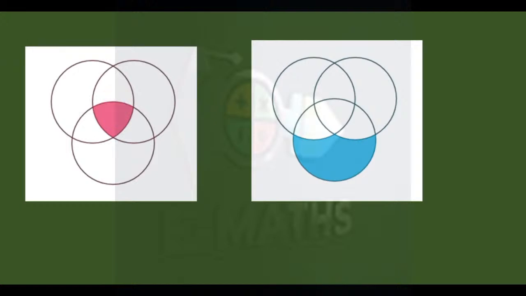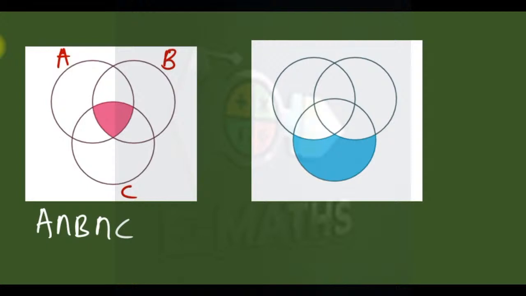This region is common to, maybe if you have set A, B and C. So this region contains the elements in A, B and C. So we can write this as A intersection B intersection C. Yes, that's the shaded region. So this place contains elements that are in A, B and C.